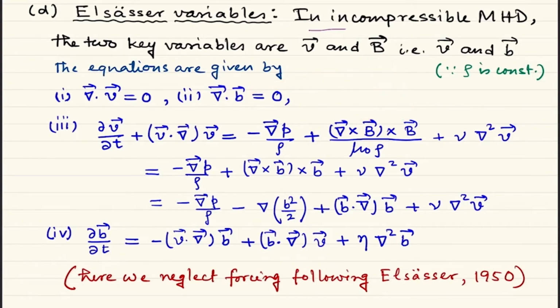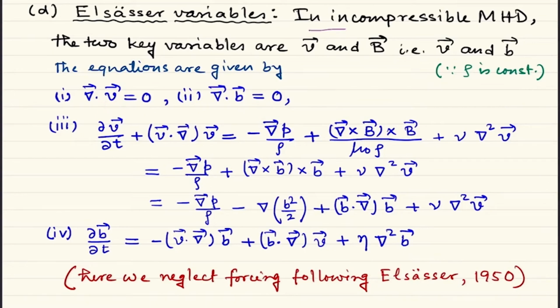So if mu 0 is a constant, and rho is a constant, the divergence of small b is nothing but equivalent to some constant times divergence of B0, and divergence of B0 is always 0. So this will also be a divergence-less vector, the small v and small b.